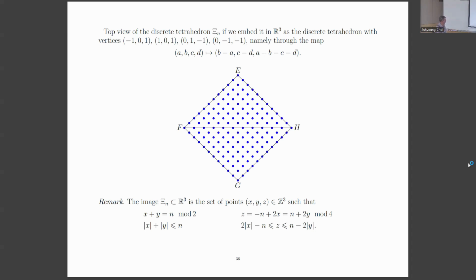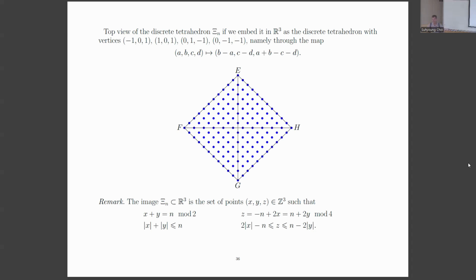So the image is this discrete square here, the xy. Namely, it's the set of integer x, y where |x| + |y| is less than n. That's why you get this diamond. And then, for a stupid reason in the formula here, there is a congruence relation.